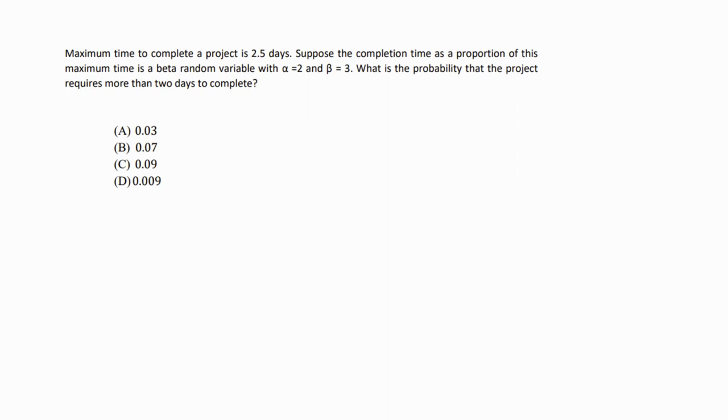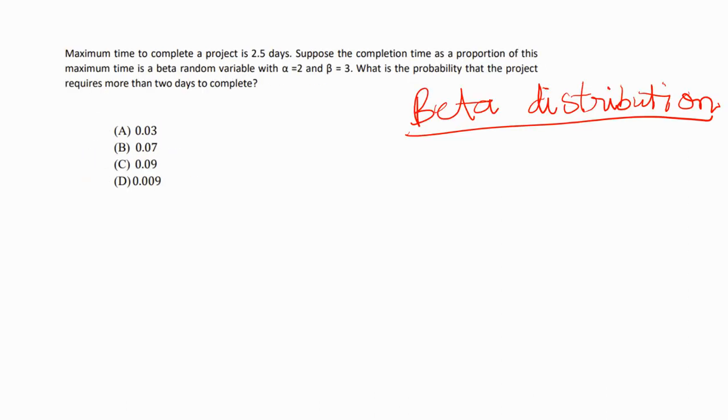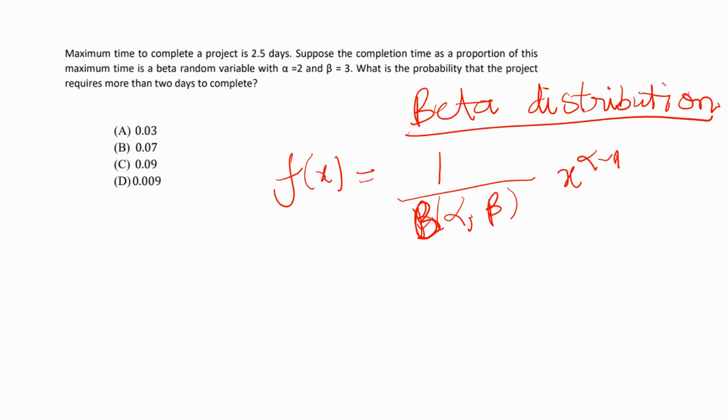The beta distribution's PDF is given by 1 upon B(alpha, beta), where B is the capital beta function, times x to the power alpha minus 1, times (1 minus x) to the power beta minus 1, where x is between 0 and 1, and alpha and beta are greater than 0.